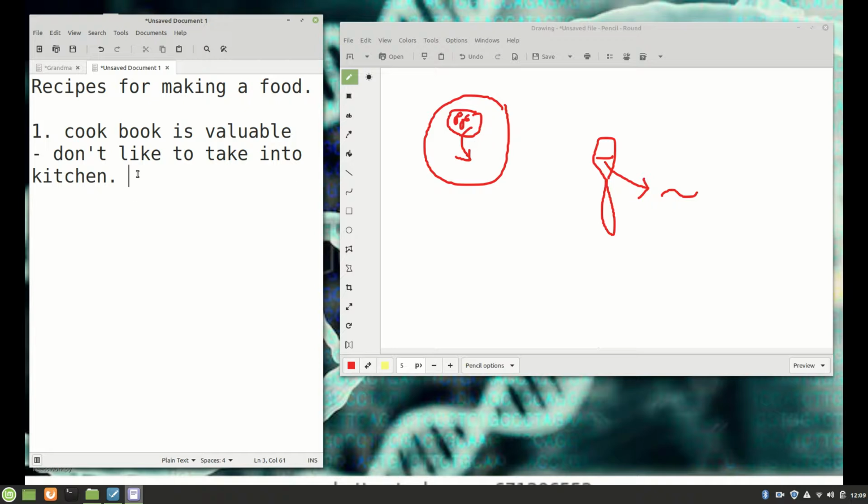You keep the book in the bedroom. That is to safeguard it from catching on fire or spilling stuff on it, because Grandma's Cookbook might have all these handwritten recipes. They're very old, etc.